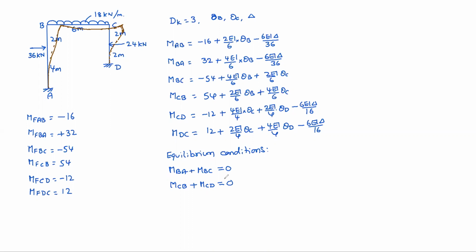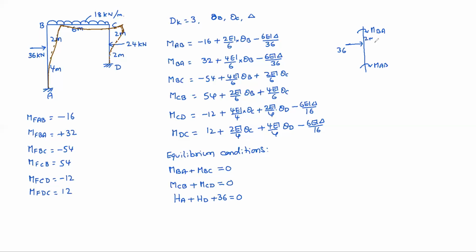The third equation comes from HA plus HD plus 36 equals 0. How to find HA and HD? You know the AB leg, this is 36, with MAB and MBA.